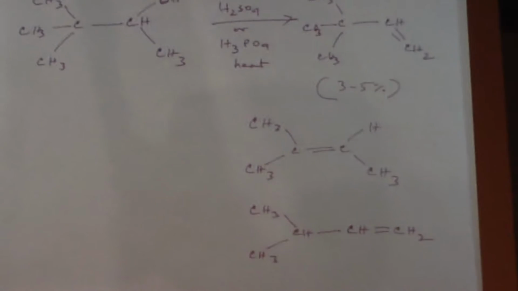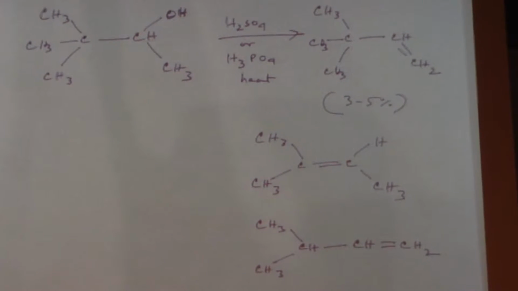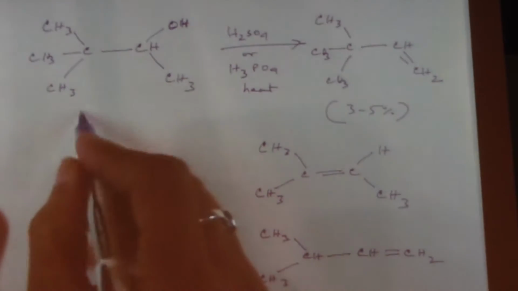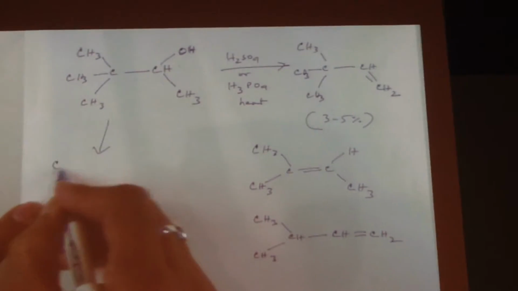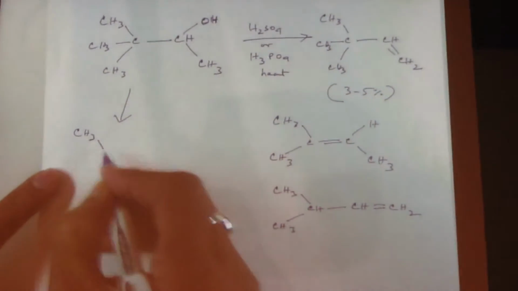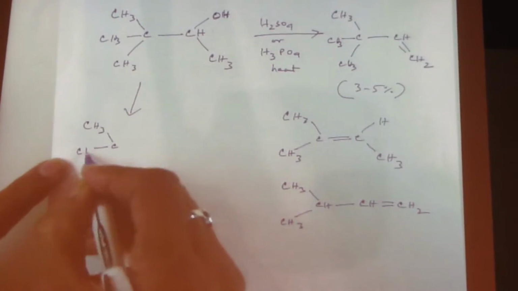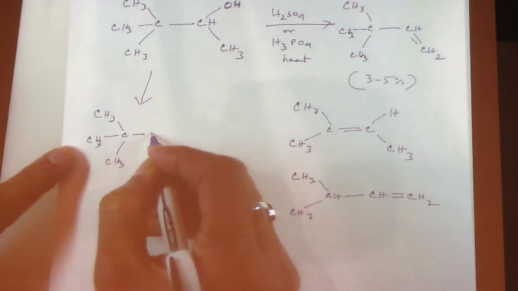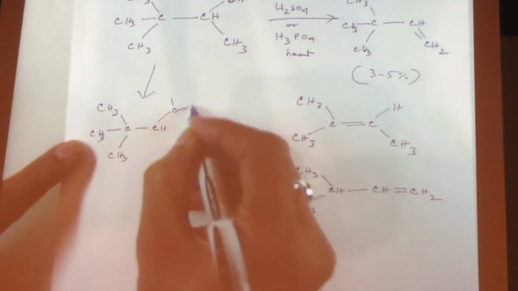Okay. In order to understand that, again, we can follow the mechanism and see what actually is happening to this. So the first step, if we follow the mechanism, would be protonation of this one, which is the expected reaction.